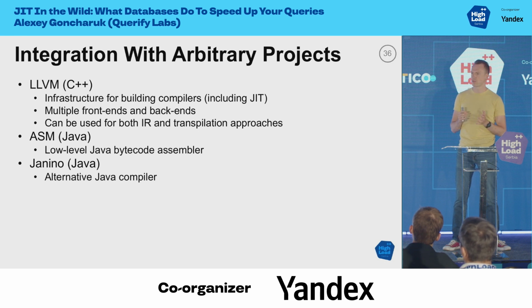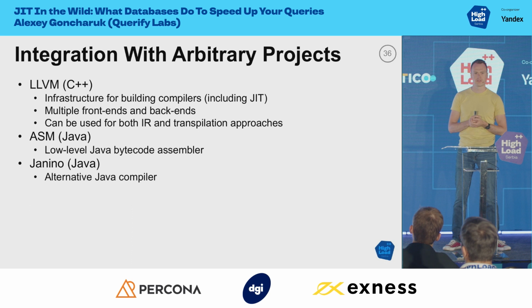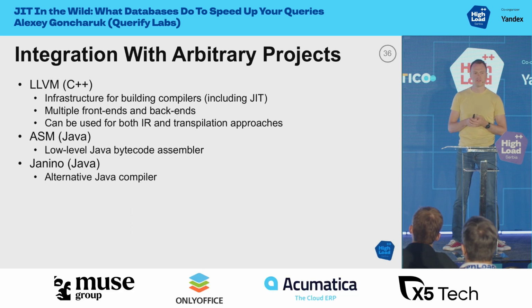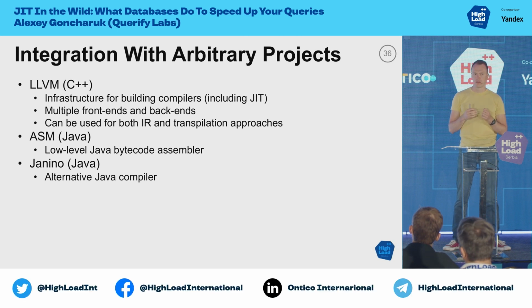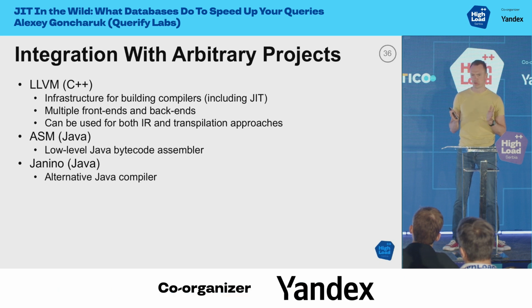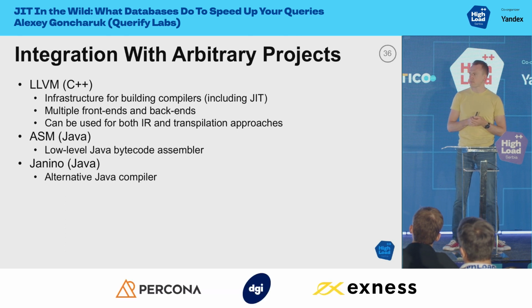I think one of the most popular and powerful instruments is LLVM. Essentially, it's a compiler infrastructure that may use different language frontends and has many backends, and it can generate code for multiple platforms. And you can definitely use it to build just-in-time compilers.